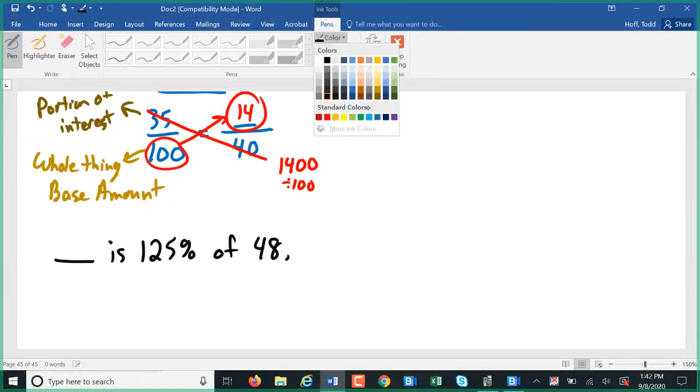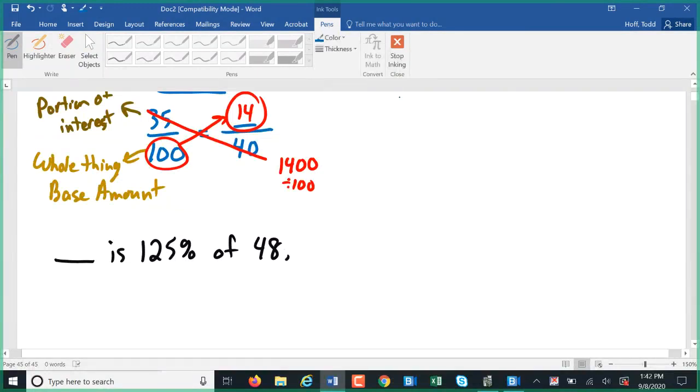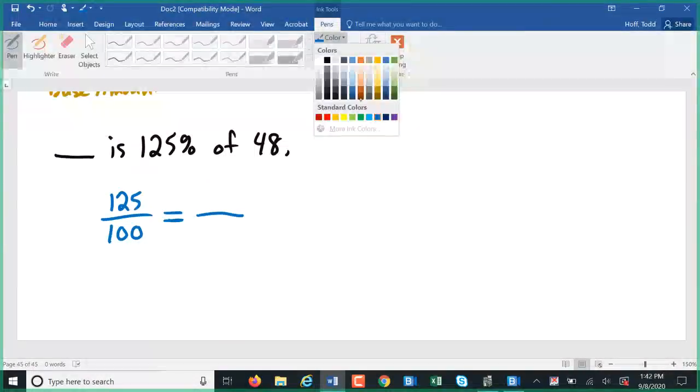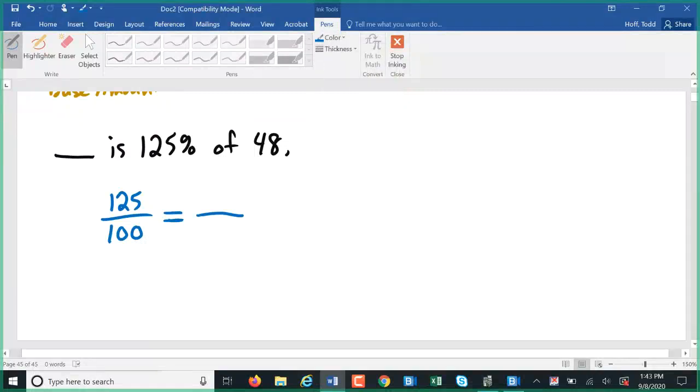We might have something like blank is 125% of 48. Once again, we start with the percent. 125% is 125 out of 100. Now, one thing you'll notice here right off is 125% is bigger than 100%.